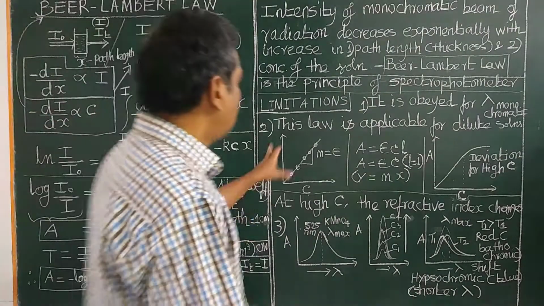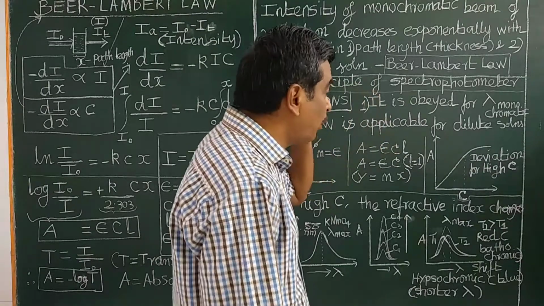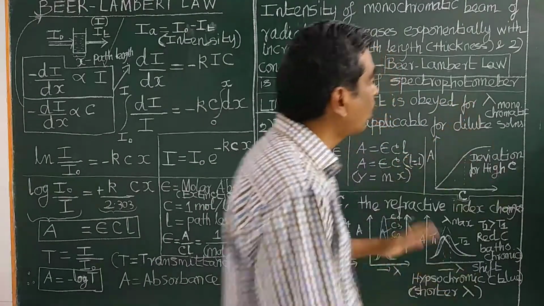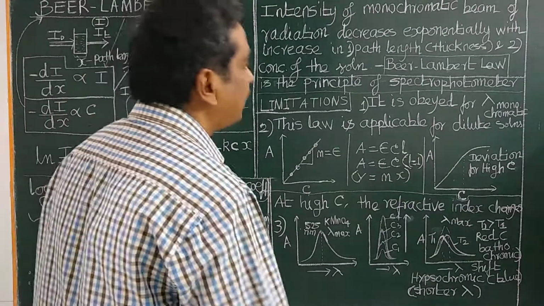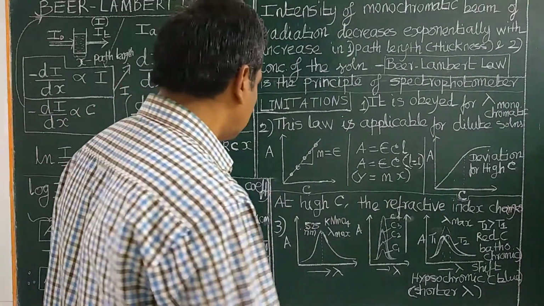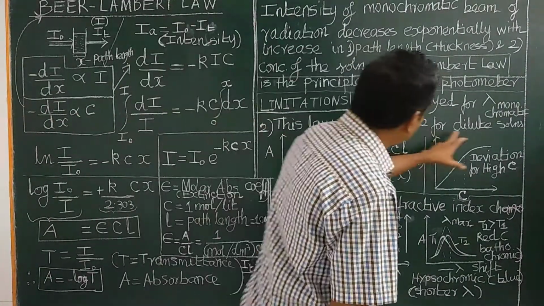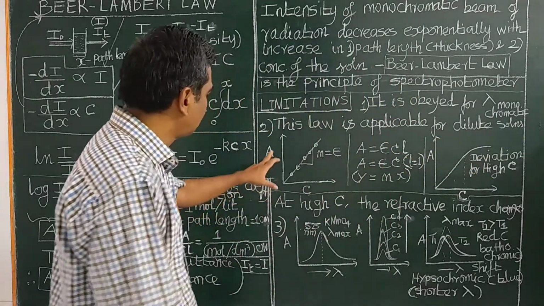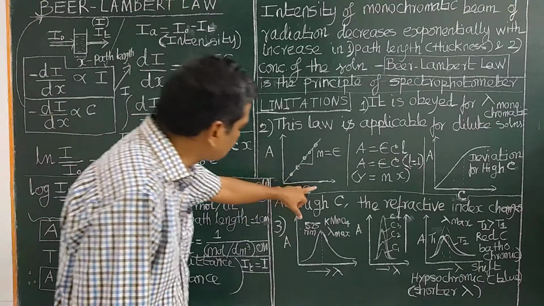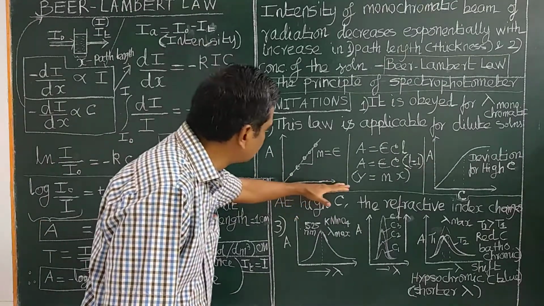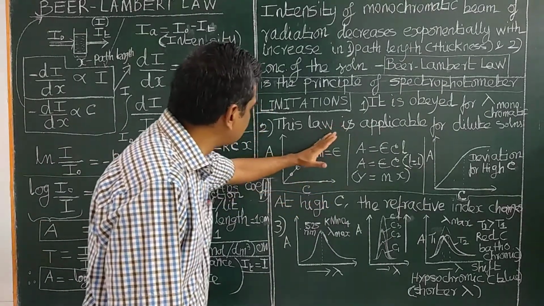Okay, now, as I said, it is obeyed only for a monochromatic light beam, not applicable for polychromatic radiations with different wavelengths. This law is applicable for dilute solutions only. For example, on plotting absorbance against concentration, with increase in concentration, the absorbance increases directly.